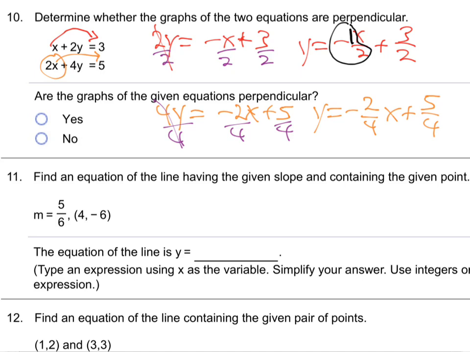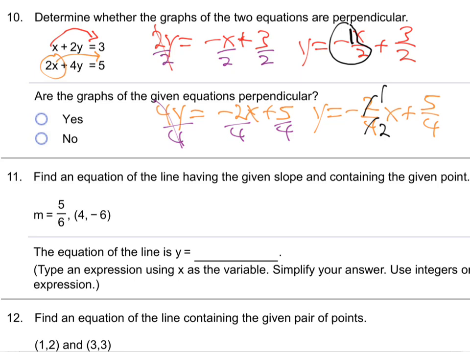And what do we do with that minus 2/4? Yeah, you always reduce fractions. So divide top and bottom by 2 there. Make it a half. We good so far? Everybody good? So I got y alone in both equations.